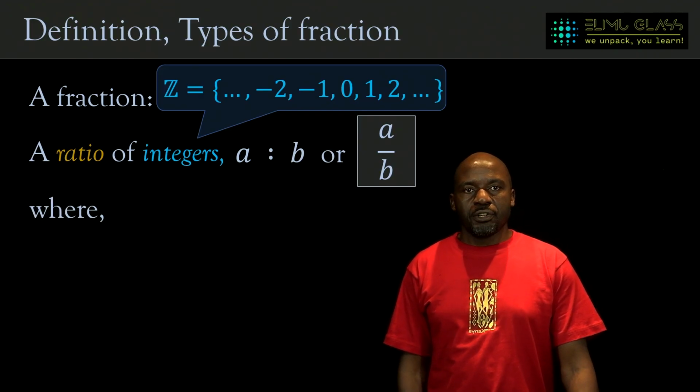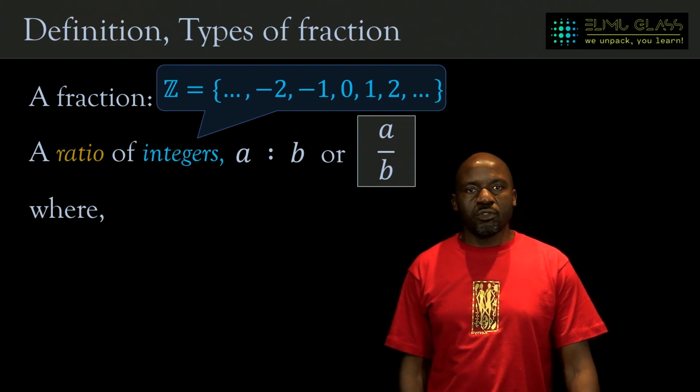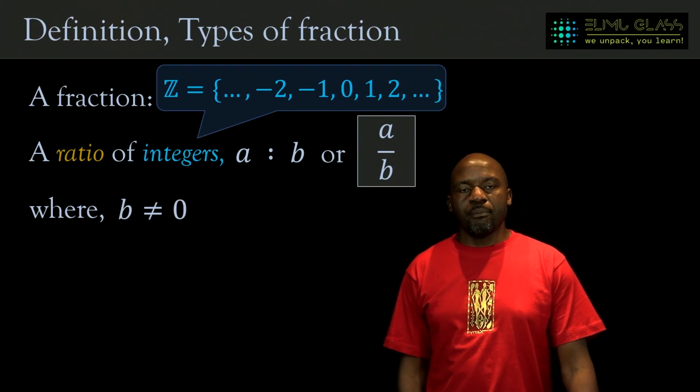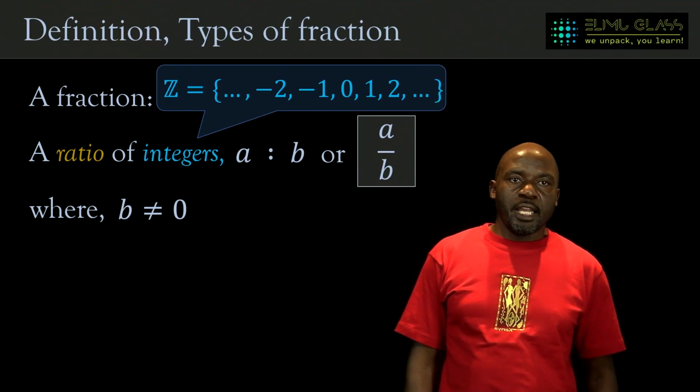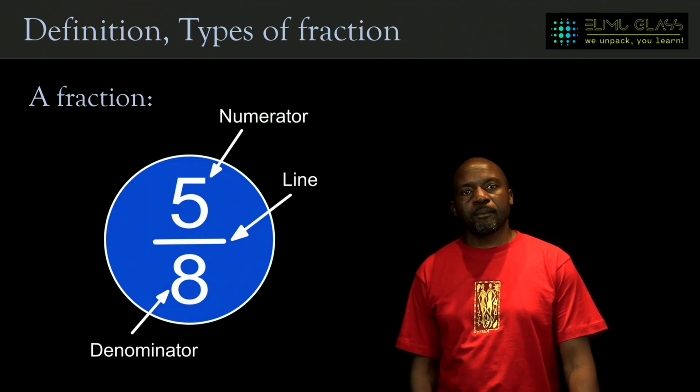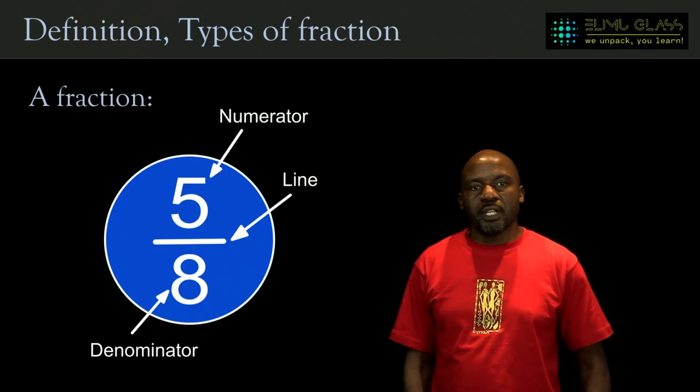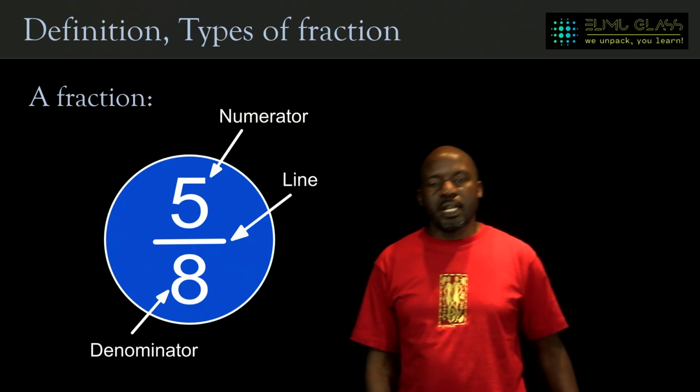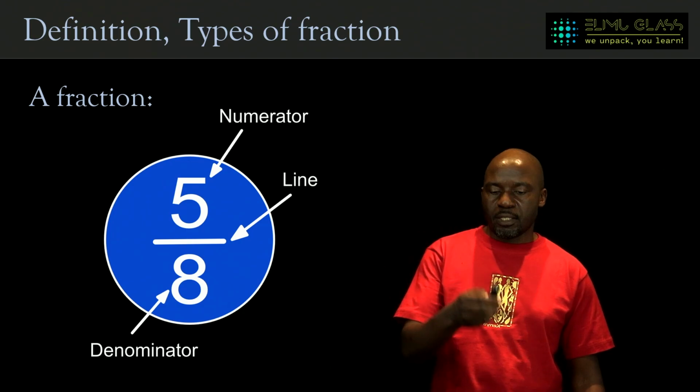So a ratio of integers, A is to B, where B is not 0, and A and B are integers. Here is an example of a fraction. All right. So the 5 is the numerator, there is a line in between and a denominator like that. We'll go quickly, this is boring.